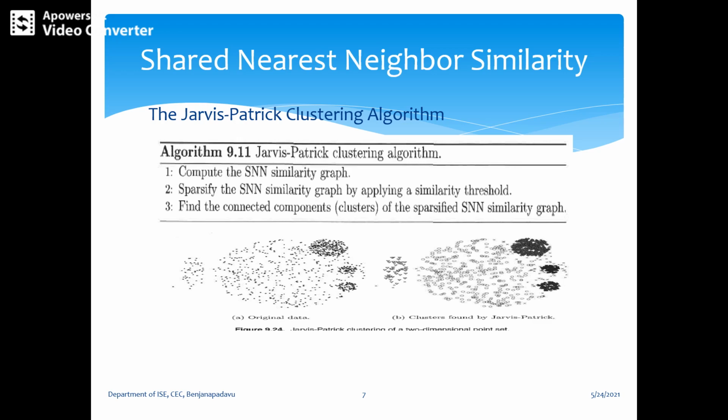If two objects are dissimilar, the similarity tends to 0; otherwise, the number of shared neighbors will be calculated. So actually this is the Jarvis-Patrick clustering algorithm.